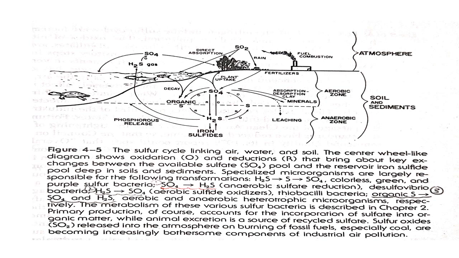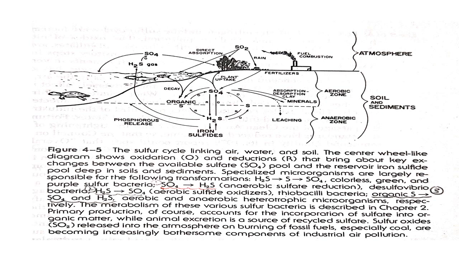In a study of Japanese lakes, it was found that photosynthetic sulfur bacteria accounted for 3 to 5% of total annual production in most lakes, but in stagnant lakes which are rich in hydrogen sulfide, these bacteria accounted for 25% of the total photosynthesis.